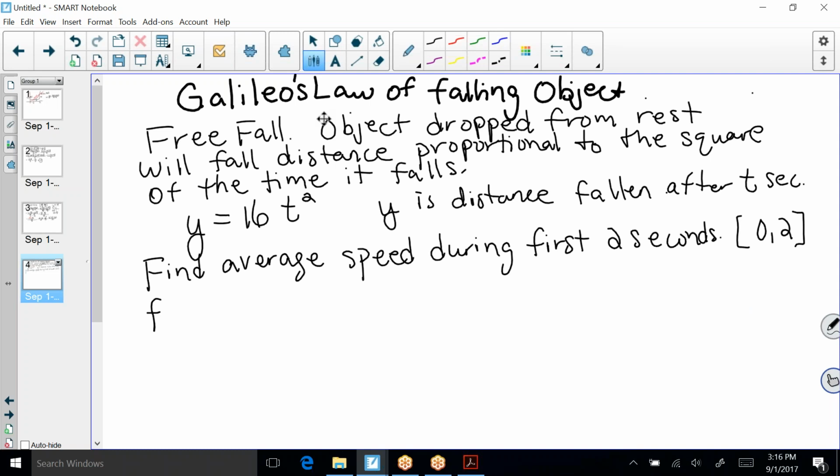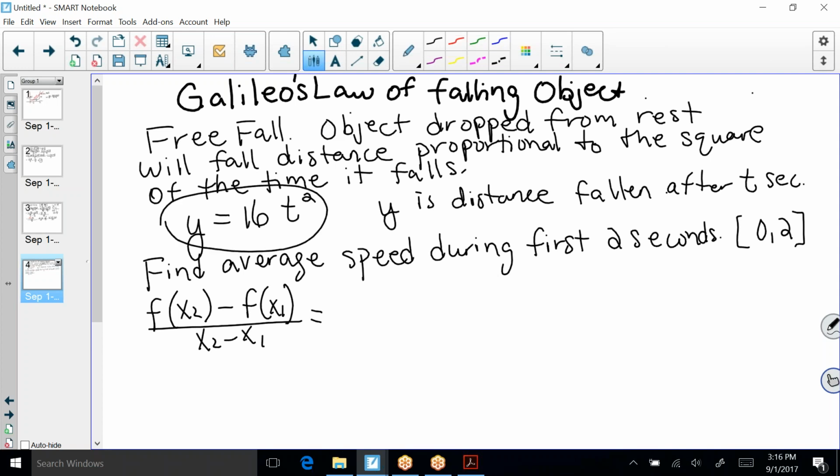So we're finding the average rate of speed here, so we're going to use our same formula that we had before for the average rate of change, which is f of x sub 2 minus f of x sub 1 divided by x sub 2 minus x sub 1. All right, so we're going to find our function f. Our function f is going to be this function right here.